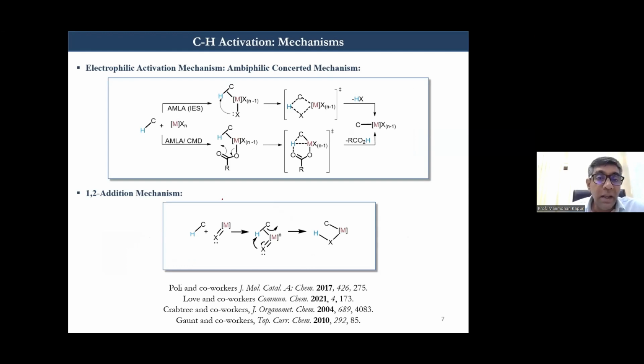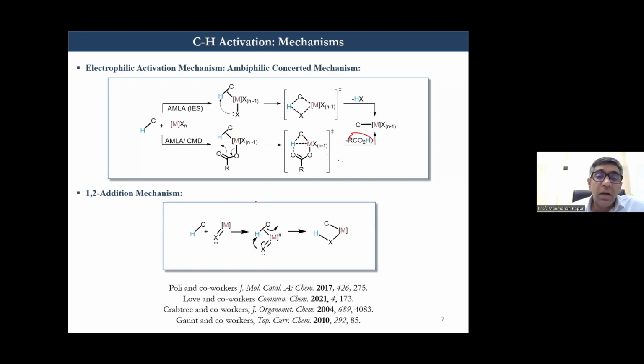Depending on the ligand and the complex that is involved, you could have either a 4-member transition state or a 6-member transition state. In the 4-member transition state, we often define this as internal electrophilic substitution, whereas in the 6-member transition state, we call this concerted metallation deprotonation. Essentially, both of these lead to the formation of a species of this kind.